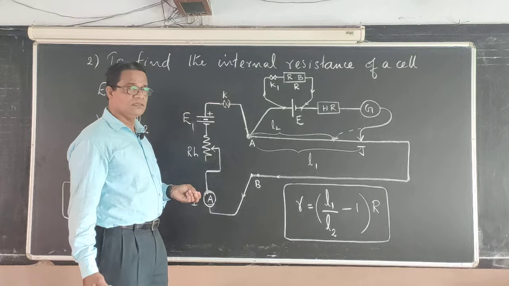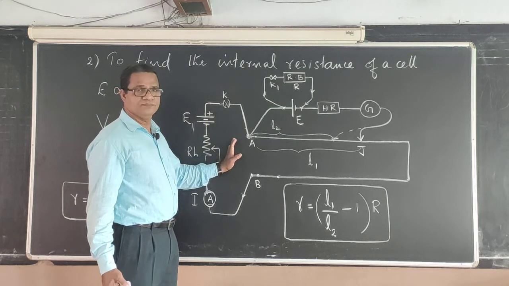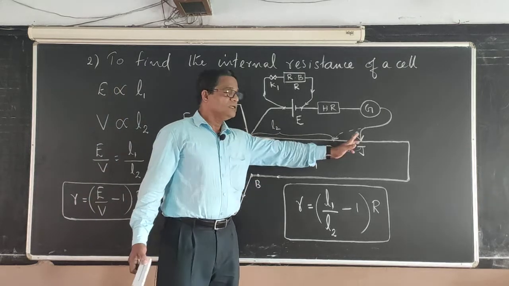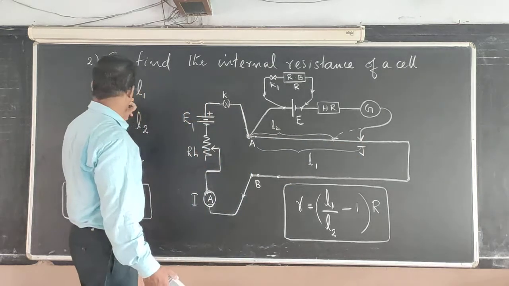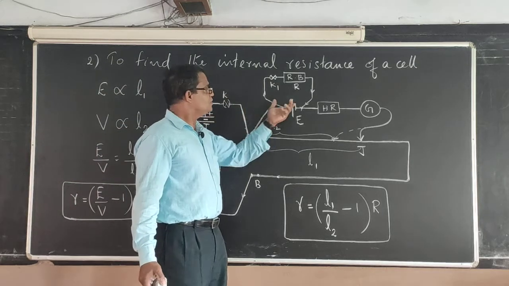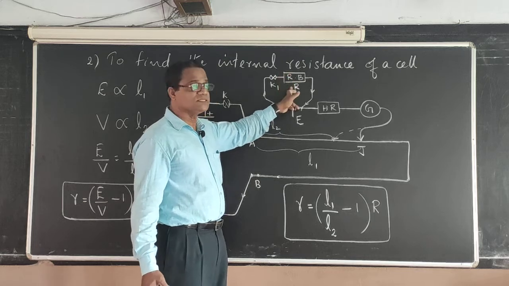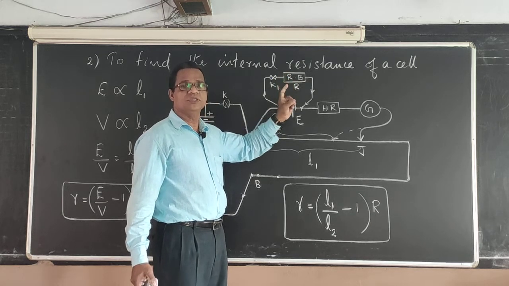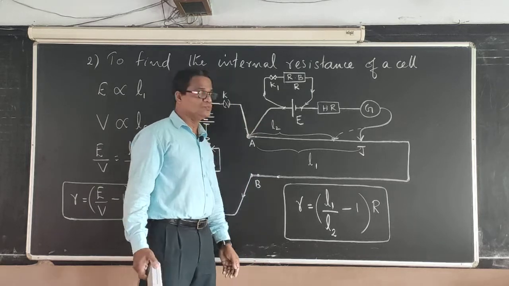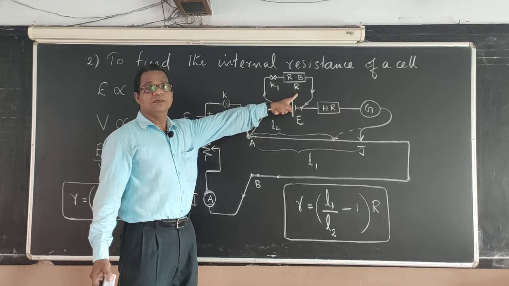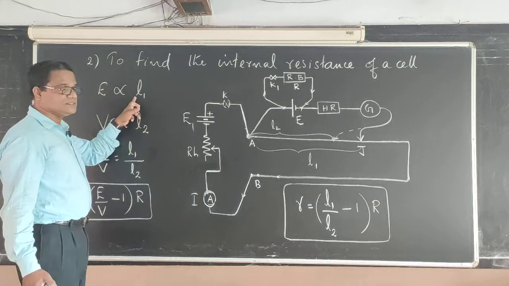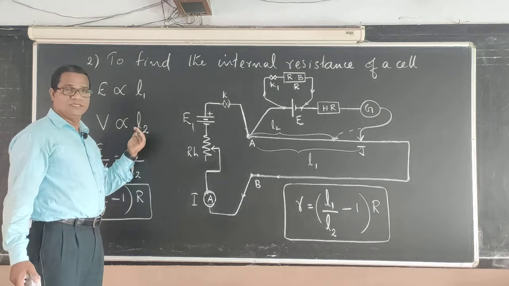Another method is that you keep this current steady, and the EMF E balances with L1, that also will be kept steady. Now you can change the resistance in this resistance box as 1, 2, 3, 4, 5 like that. You can get different values for L2, corresponding to the resistance R. So you will be getting L1 constant but L2 different.